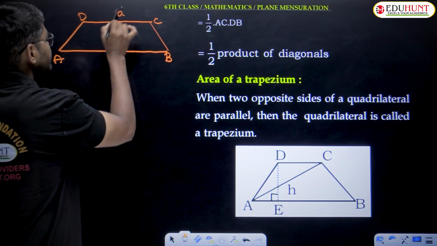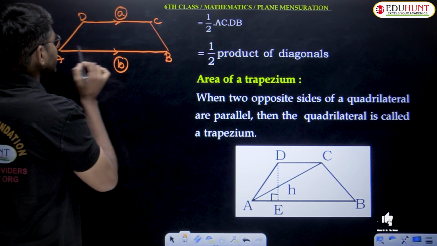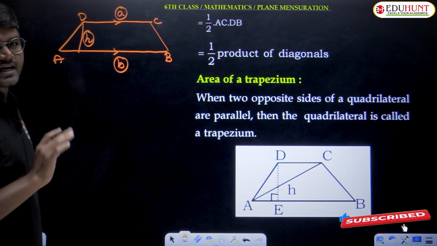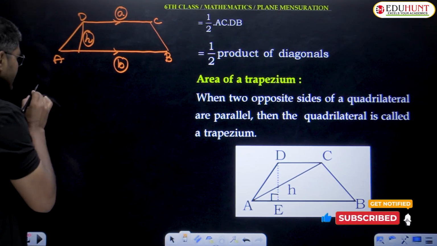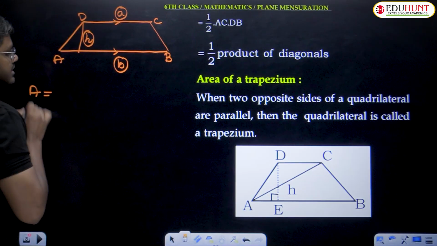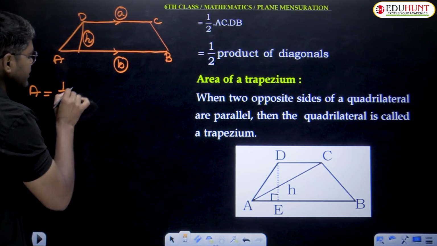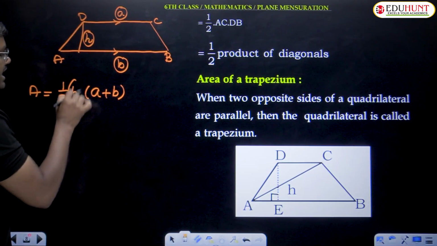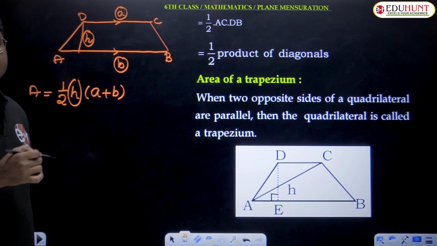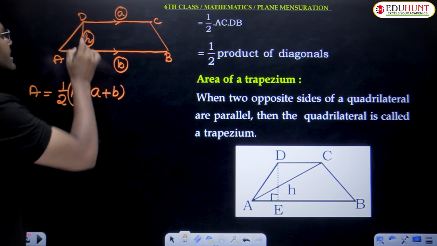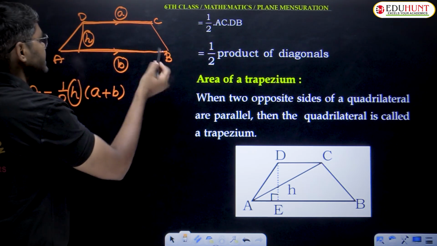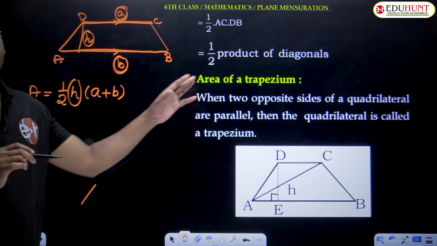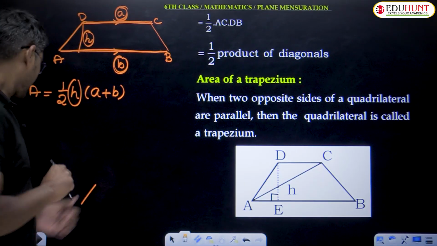This is A, this is B. So, distance between these two parallel sides is H. So, area of a trapezium is equal to half H into A plus B. Here H is height or distance between two parallel sides and A and B are measurements of parallel sides. One is A and another is B. This is the area of a trapezium.